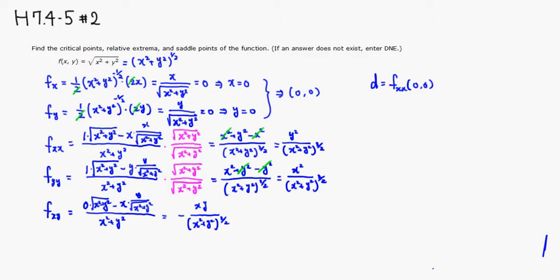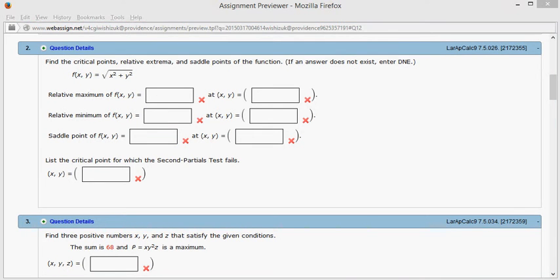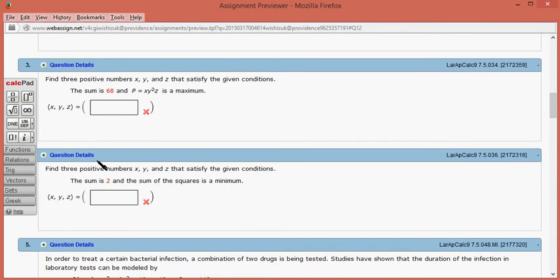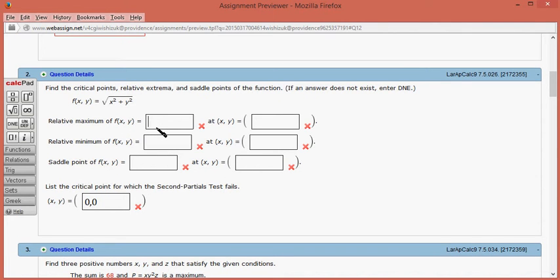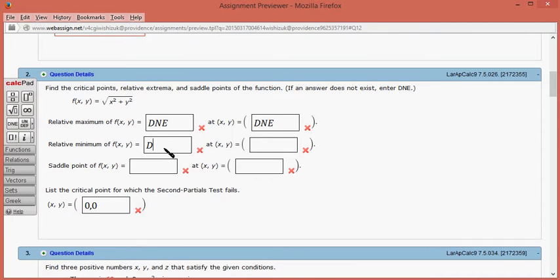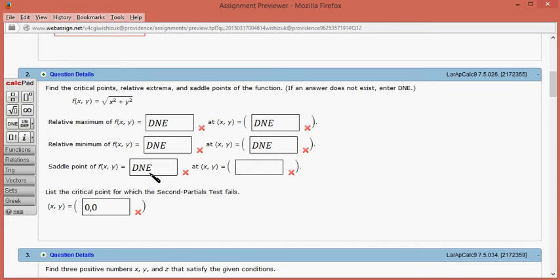There should be a choice, a list of critical points for which the second partial test fails. This fails because we can't do the second partial test. So maybe I have to put does not exist for that one, and does not exist, and does not exist, and does not exist, maybe.